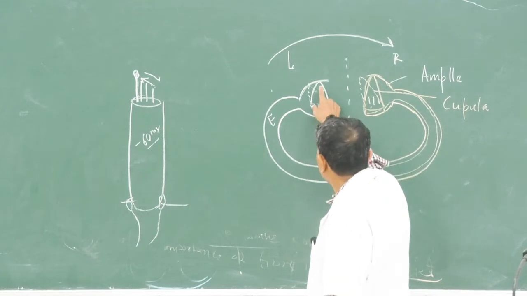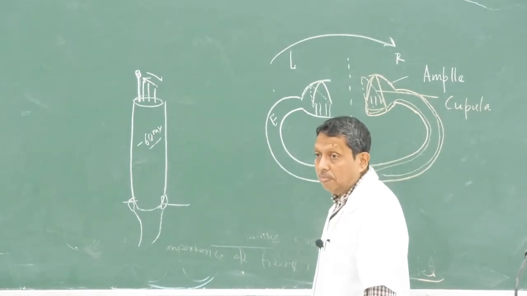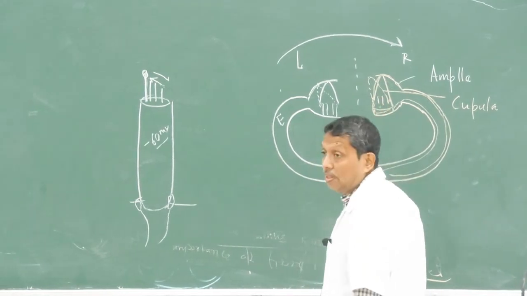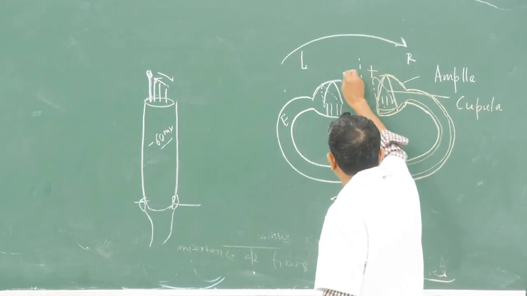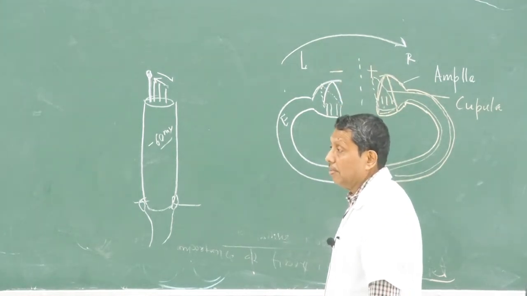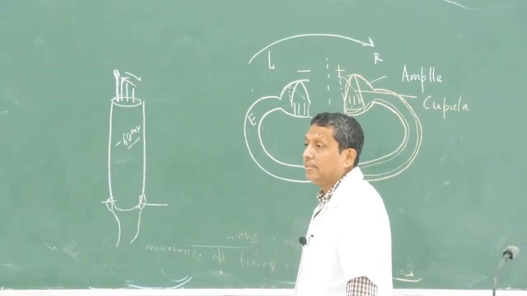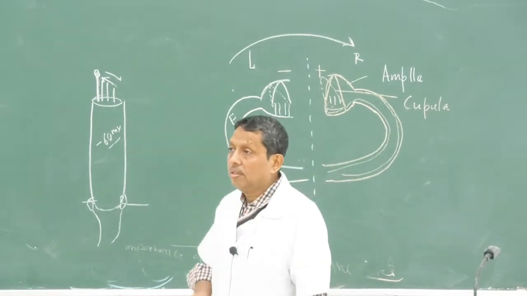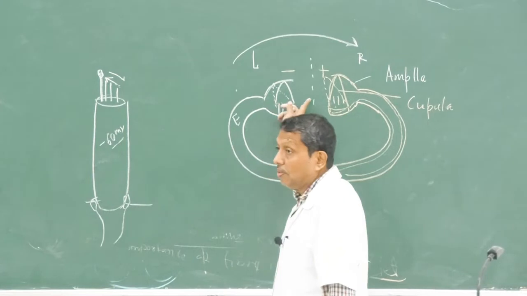So the relative position will be away from the midline, the ampulla. And in the other case, it is opposite. So there will be stimulation on this side and inhibition on the other side. At the very beginning, whenever I am moving in this way, this is the disposition and stimulation.